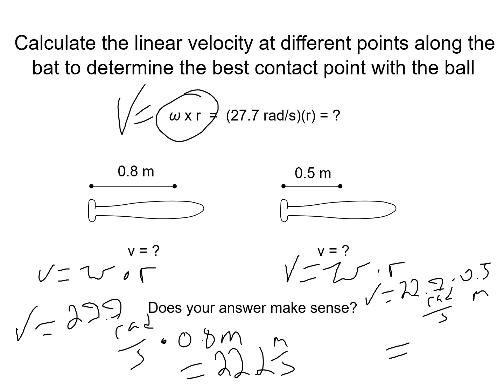Just to double check, I'll redo it on my calculator. Due to the leading digit, we still have three significant figures, so 13.9 meters per second. Generally, the larger the radius of rotation, the faster we're going to see our linear velocity.